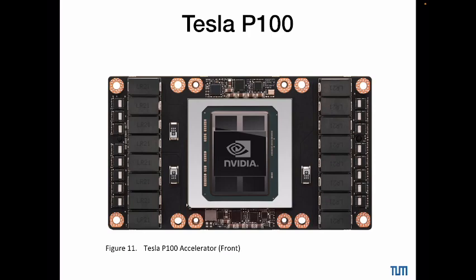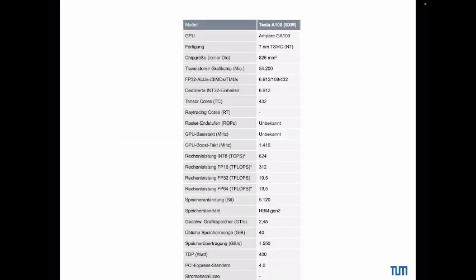So this is a picture of such a GPU accelerator. You have the processing unit, a GPU, in the middle, and then you have the memories on both sides. This is the data from, I think, one of the very last GPUs developed or started to be sold by NVIDIA.